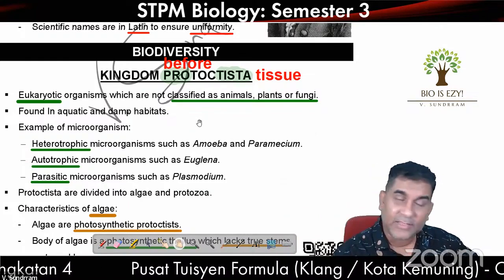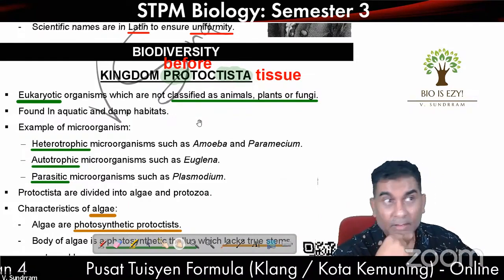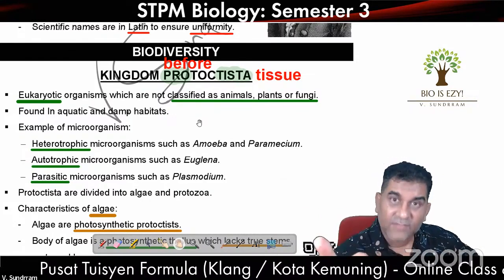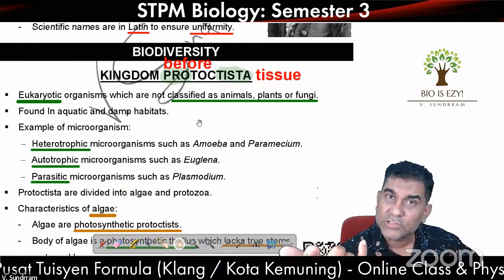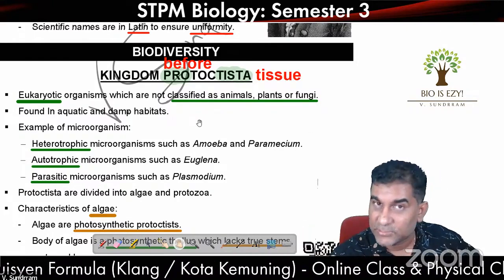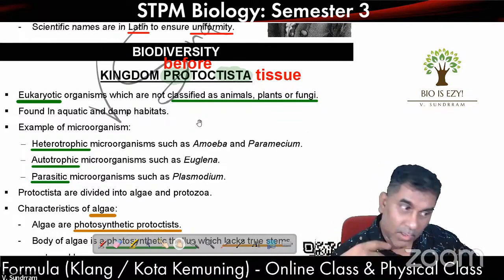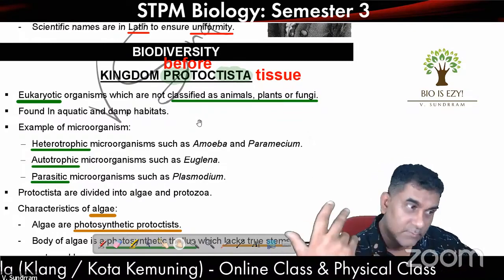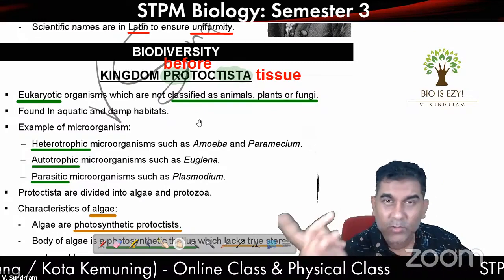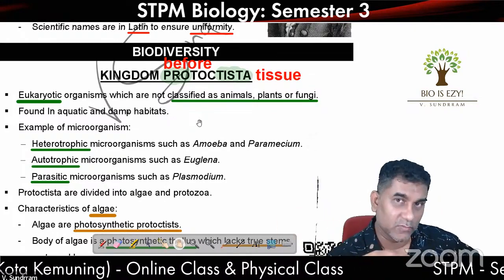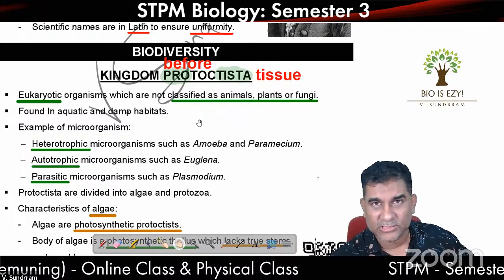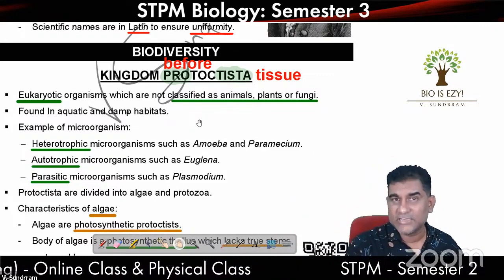If they have plant characteristic, alga. You describe alga: have cell wall, can do photosynthesis, have photosynthetic pigment. You describe protozoa: don't have cell wall, cannot do photosynthesis, heterotroph. Done. That is Protoctista. So Protoctista is easy.